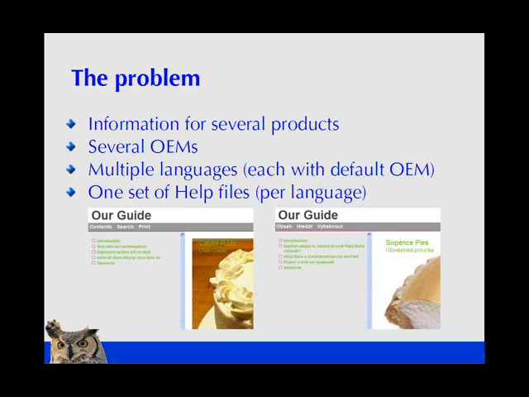But for the most part, each language was associated with a separate OEM, so there was some interconnection there. So, as you see, we were able to generate one set of help files per language, and then using the query string arguments, the customer was able to select or display the help for each product, for each OEM.